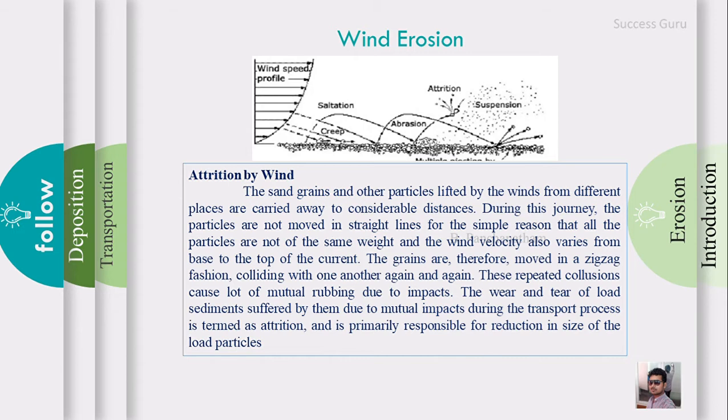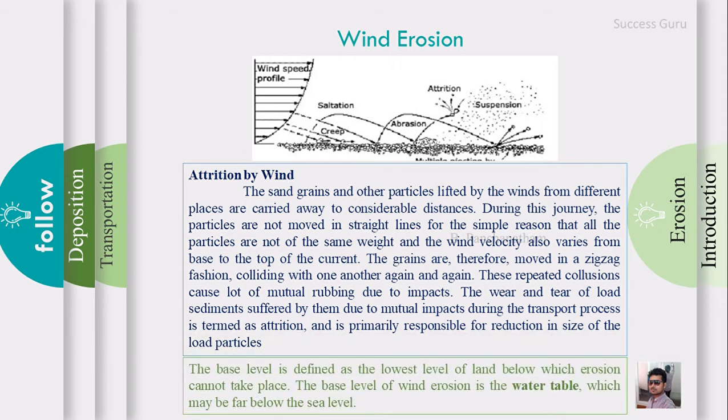The grains are therefore moved in a zigzag fashion, colliding with one another again and again. These repeated collisions cause a lot of mutual rubbing due to the impact. The wear and tear suffered by the loaded sediments due to mutual impact during the transport process is termed attrition, and is the primary reason for the reduction in size of the loaded particles.